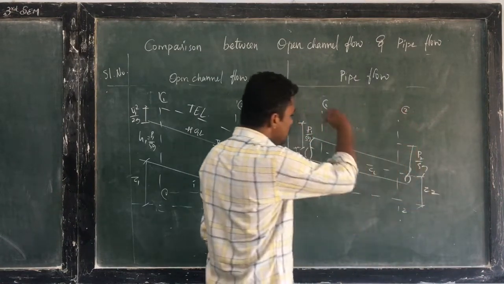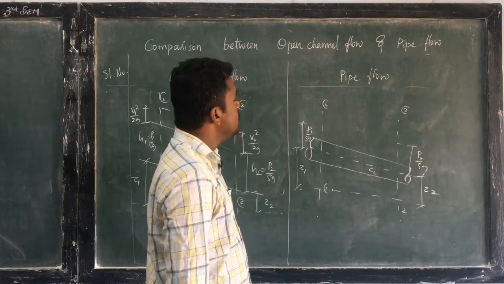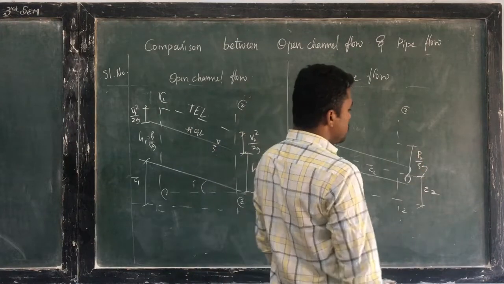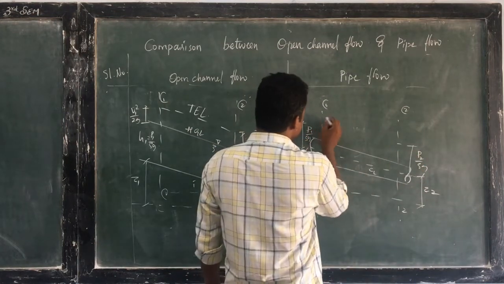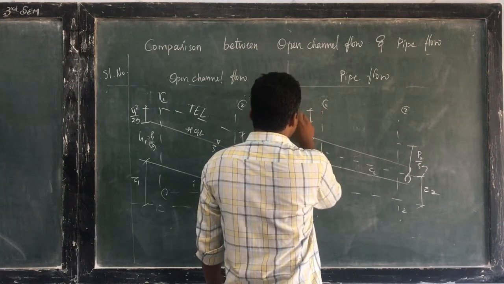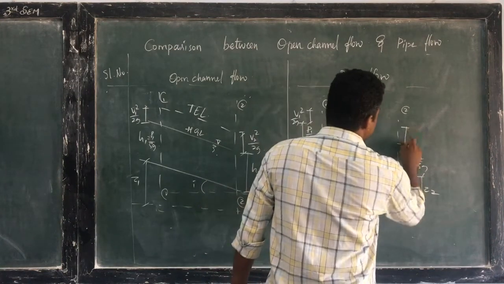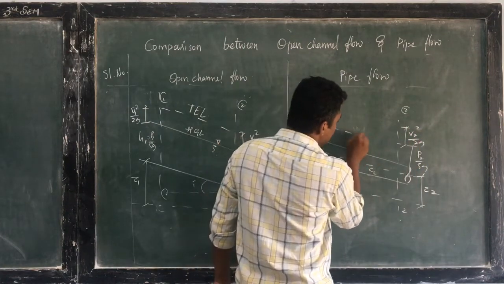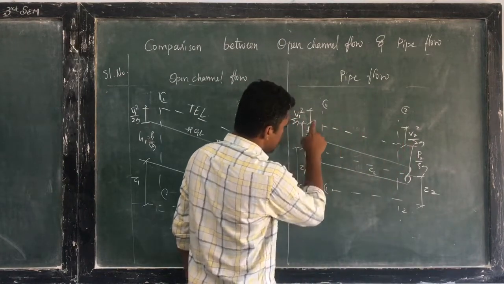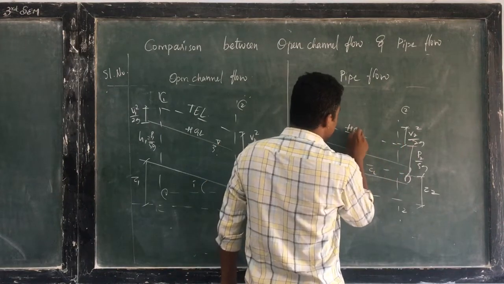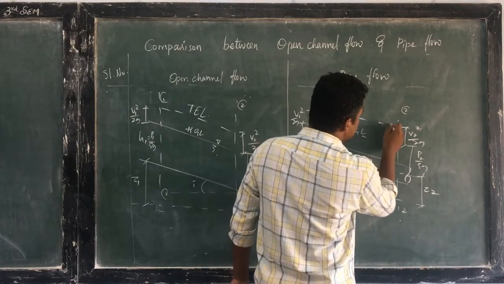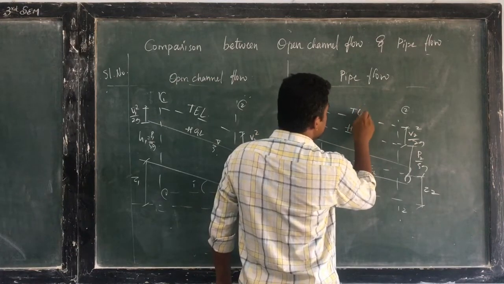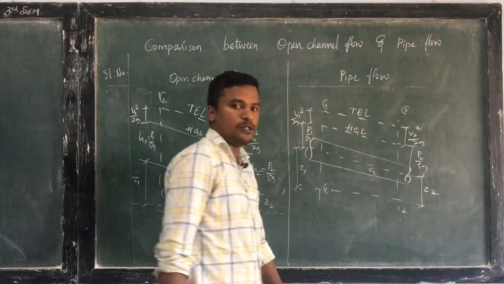By inserting two piezometers or any pressure gauge, we can calculate P1 and P2, and thus the heads P1 by rho g and P2 by rho g. We also have V1 square by 2g and V2 square by 2g. If we draw a line at the pressure head, we get our hydraulic gradient line, and if we draw the line at the kinetic head, we get the total energy line. I am not considering the losses.